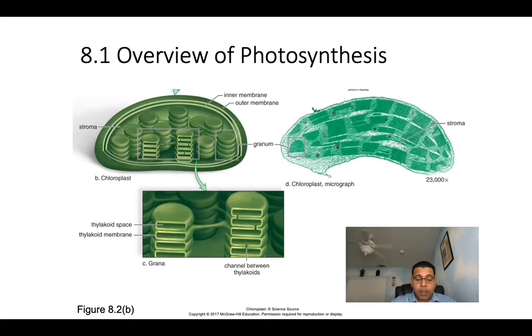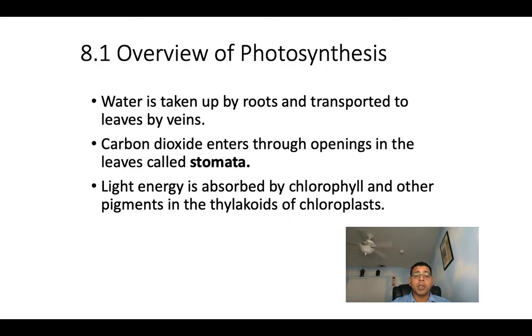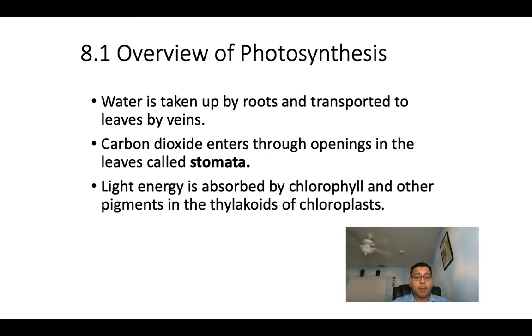Again, the leaf of a flowering plant contains mesophyll tissue, which contains cells that are specialized for photosynthesis. So these are those mesophyll cells. The raw materials for photosynthesis are going to be water and carbon dioxide. The roots of a plant absorb water, which then moves through vascular tissue up a stem to a leaf by way of leaf veins.